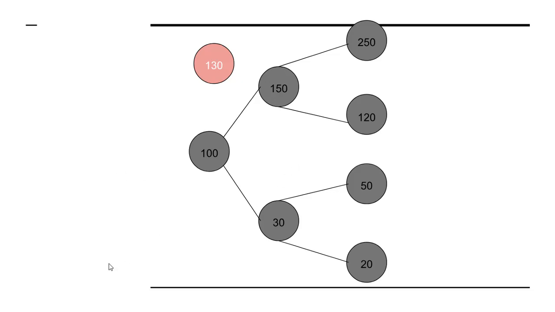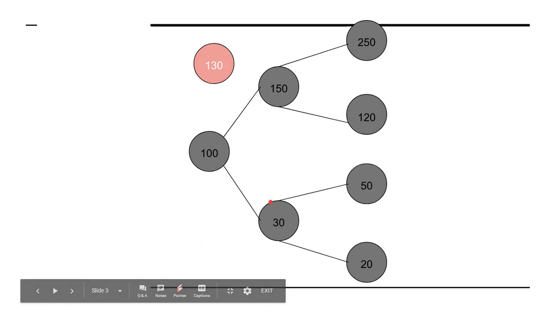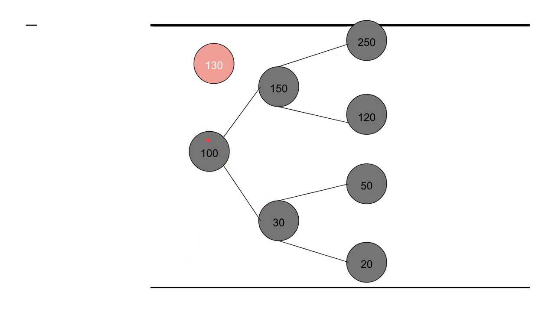At each recursive step, we'll compare the current node with this value. If the current node is greater, then I'll move to the left subtree. If it is smaller, then I'll move to the right subtree. That is basically what we do at each recursive step.